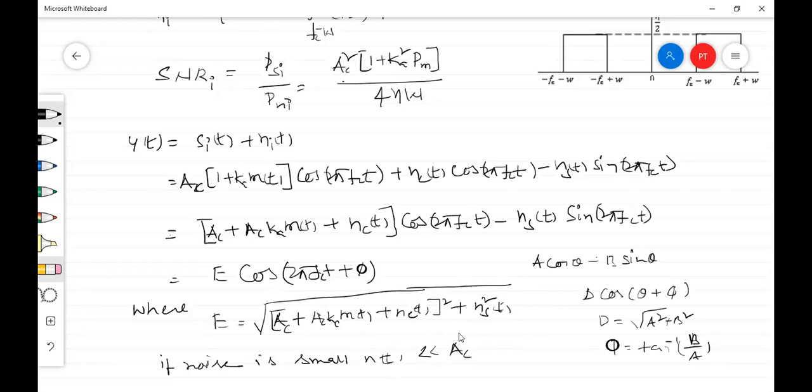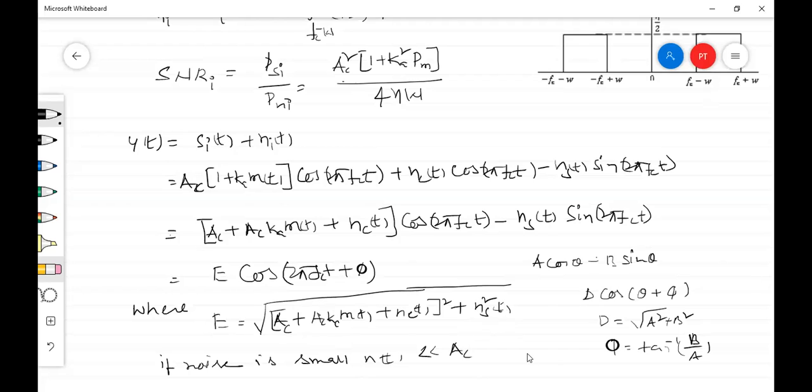If n of t is small, automatically ns and nc are both small compared to AC. That's why the second term, ns square of t, is small compared to the first term, so we can neglect the second term.